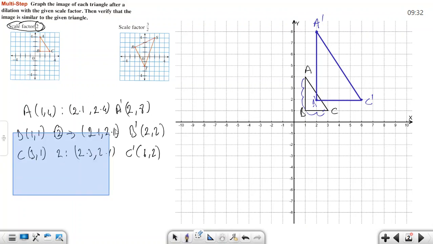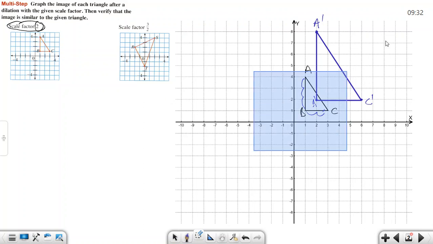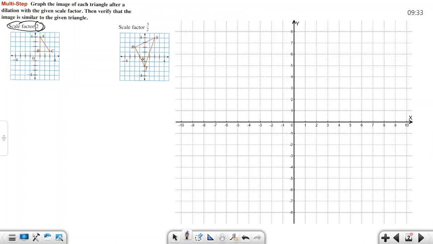Let's clean everything here. The coordinates of R are negative 2 and 2, here. S is 2 and 4, here.